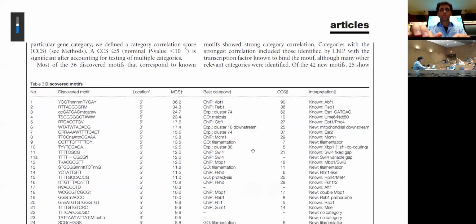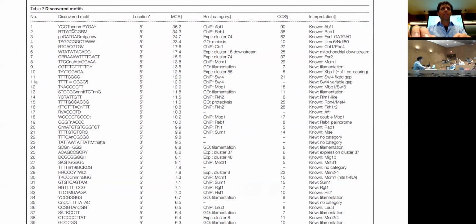And now I'm sorting solely based on what was discovered, regardless of whether it was known or not. And then I'm asking, what is the category that was the most enriched for that motif? And indeed, the top motif was ABF1, and then REB1, and then some expression cluster, and then some gene ontology term, and so on and so forth.